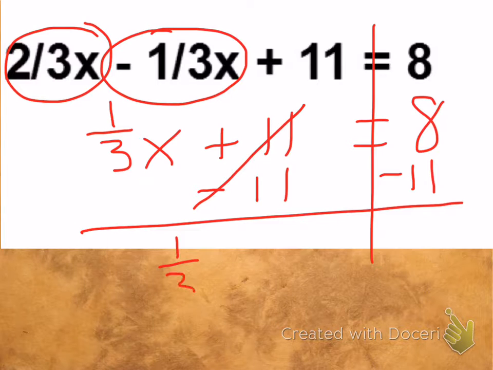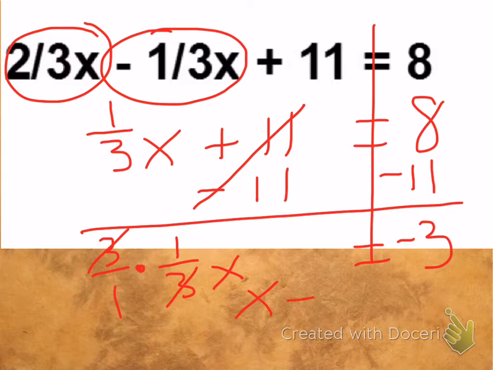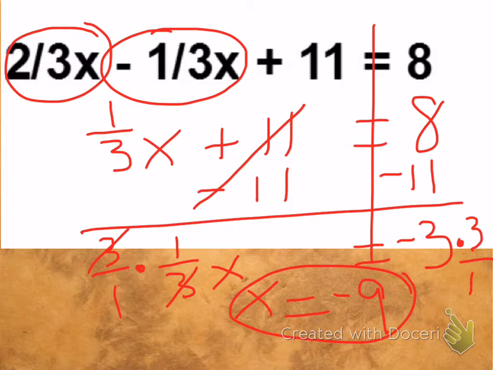So I'm left with 1/3 x equals 8 minus 11 is negative 3. I'm going to divide by 1/3, which is the same as multiplying by the reciprocal. So multiply times 3 over 1. That cancels out, so you're left with x on the left side. What you do to one side, you do to the other. So negative 3 times 3 is negative 9. So x equals negative 9.